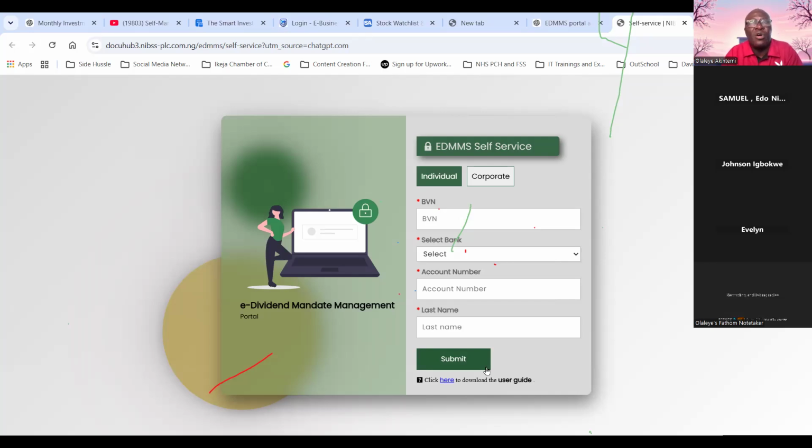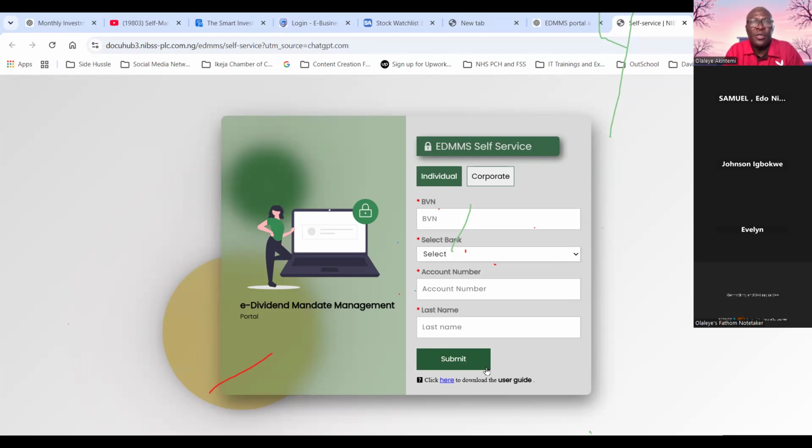That code, you need to keep it. Just in case your registrar says they did not receive the form you submit, then you can quote the code number that was generated for you when you submitted the form. So every registrar is linked to this portal. All you have to do is put your BVN, your bank name, your account number, and your last name. If all these things are correct, it should open the form for you.